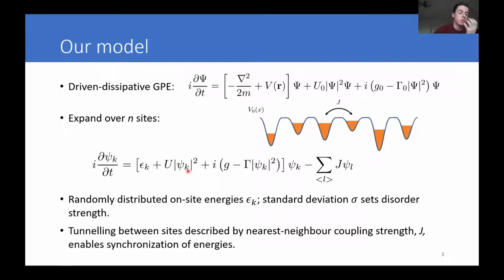Then we assume that each site sees the same interaction strength and the same pumping, just for simplicity. And the final term here, this J, is our Josephson coupling, which describes how condensates can tunnel through the potential barriers to their nearest neighbors. And this, of course, is the mechanism that enables synchronization to take place in lattices of condensates.